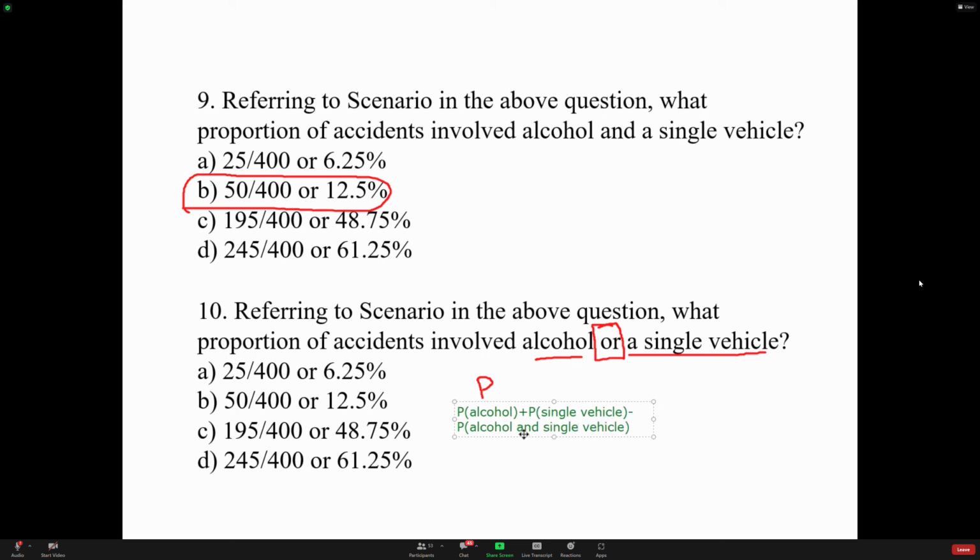If you do this calculation, then you will get the answer using the addition rule.